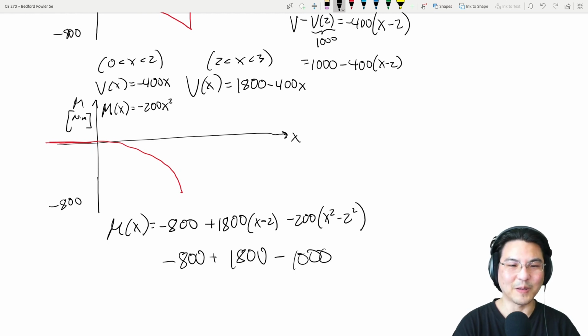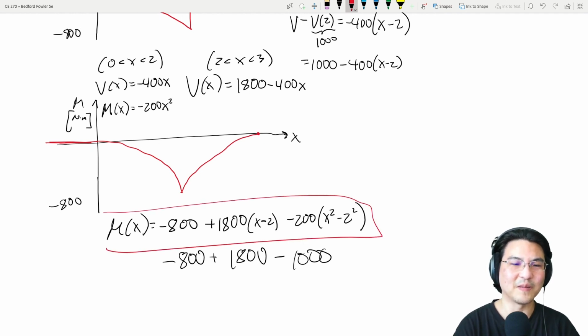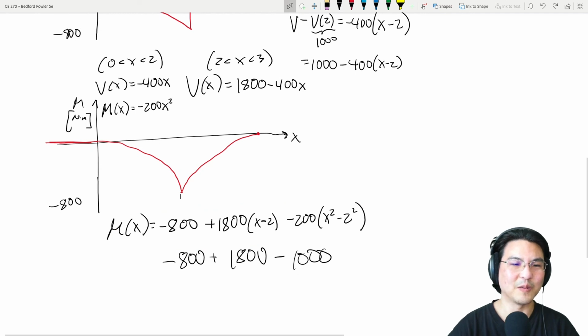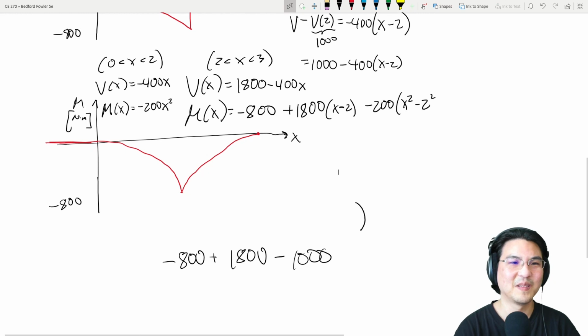So at x equal to 3, this whole thing is 0. And then it's increasing, so it's a parabola that's increasing up to 0. Okay, and then this is between 2 and 3. So this goes right here.